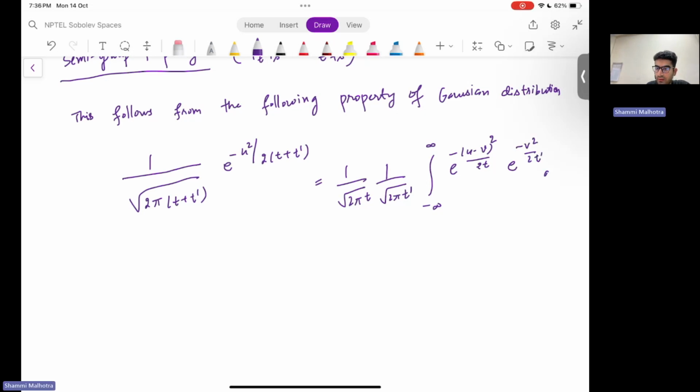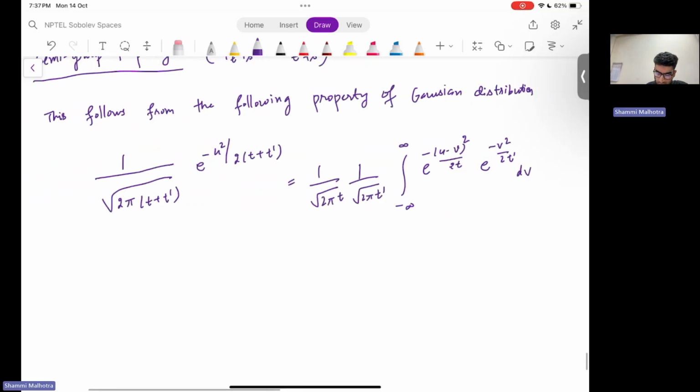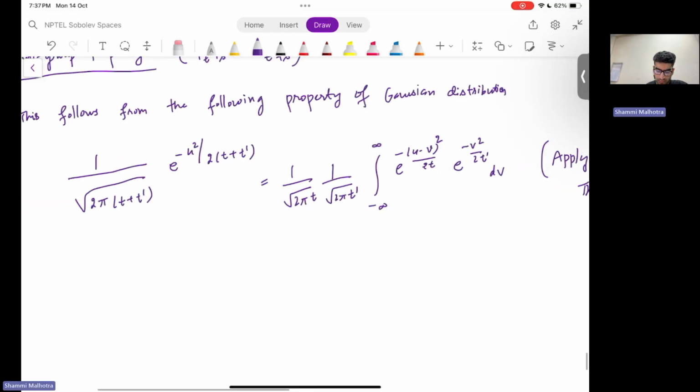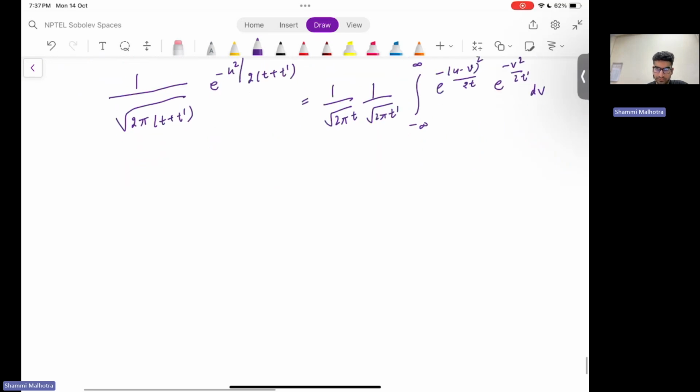So this is by completing the square, and here we apply the Fubini theorem. We were able to prove the semigroup property.